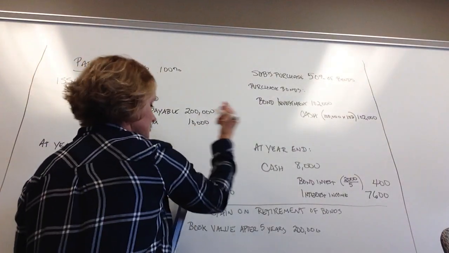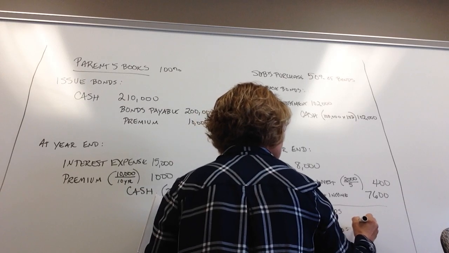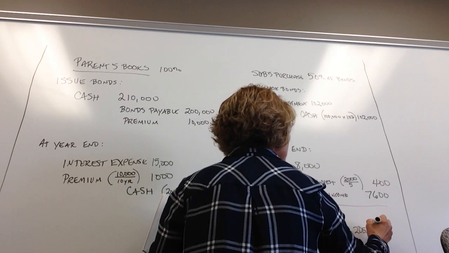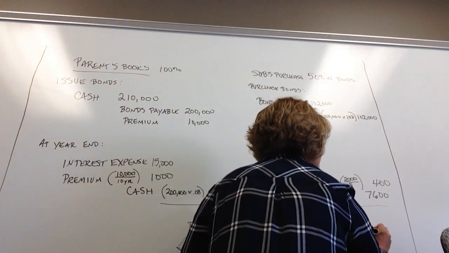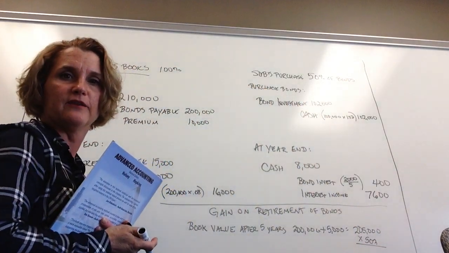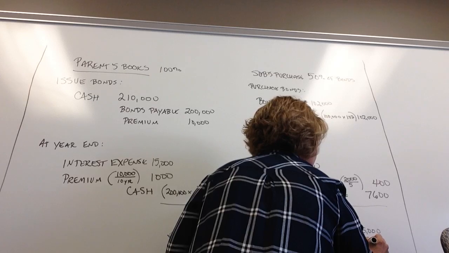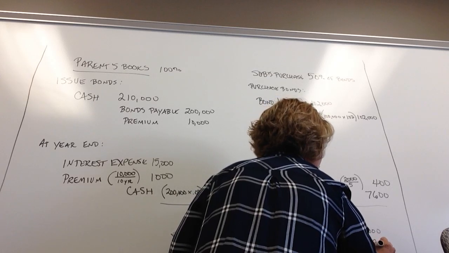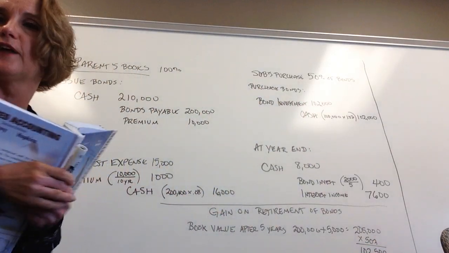So that would leave us with another $5,000 left to still amortize out. So our book value would be $205,000. And then again, though, it's only 50%. So we need to multiply that by the 50%. So that leaves us $102,500.